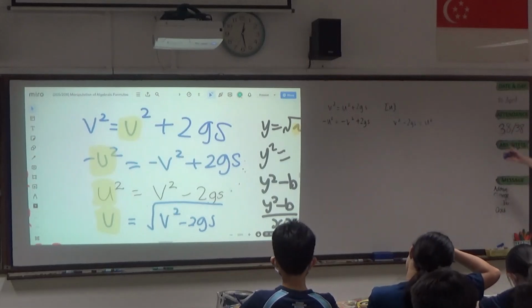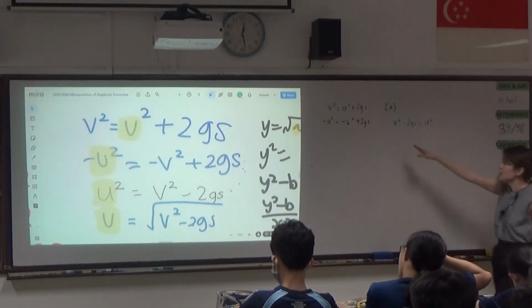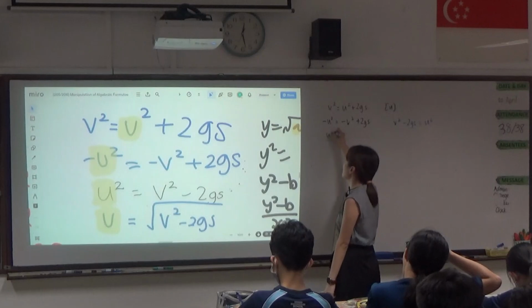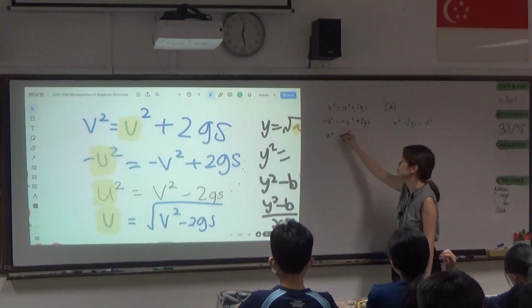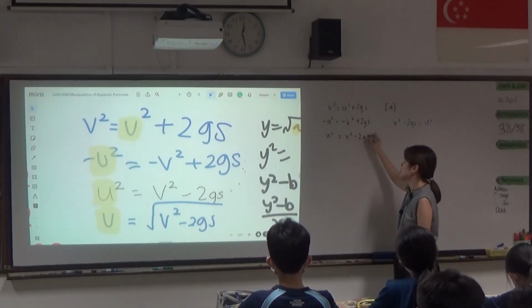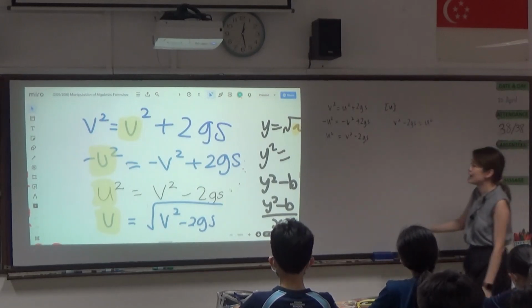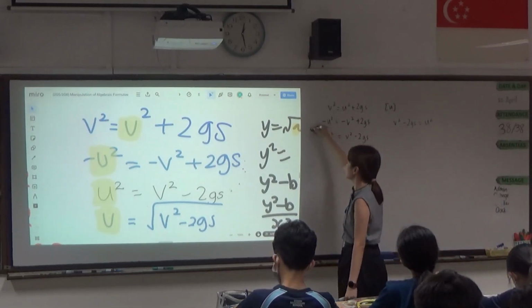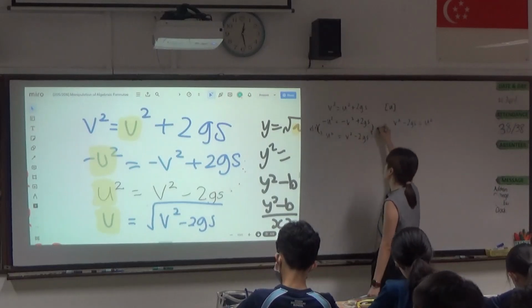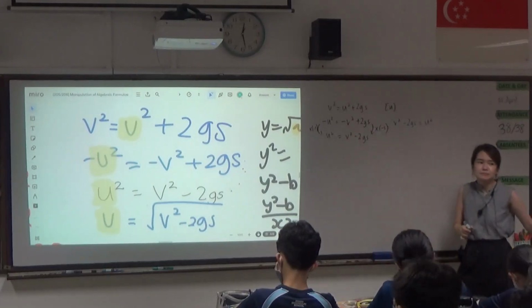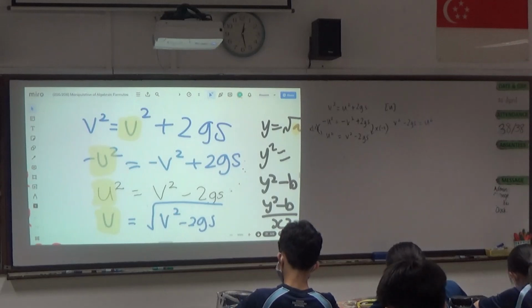I would have done this. When you have it this way, you just have to multiply across by negative 1. It will just give you the same thing. But it's just troublesome now.